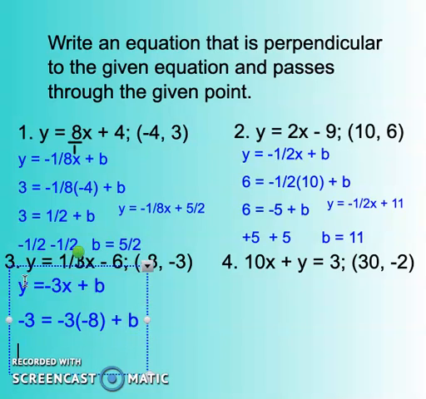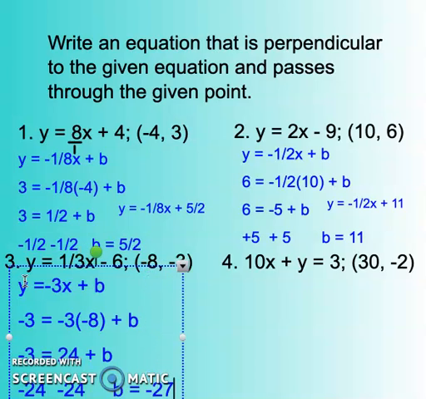And let's solve this. So we have negative 3 equals 24 plus b. And the opposite of positive 24 is minus, so we're going to do minus 24. So negative 3 minus 24, b is negative 27. Nice job.